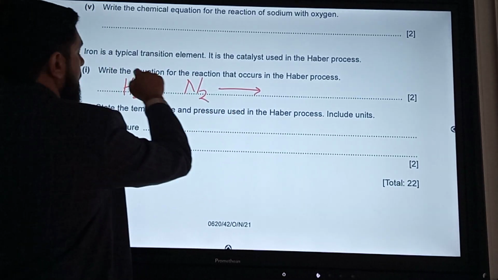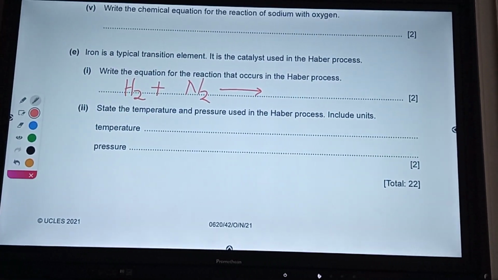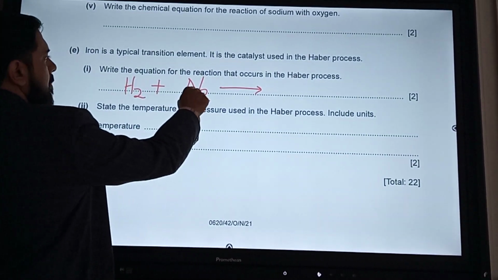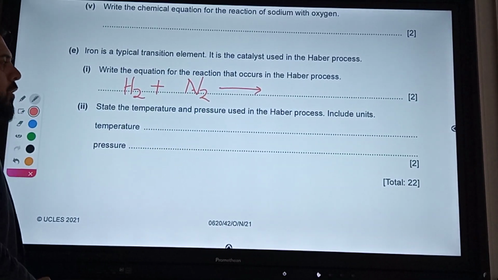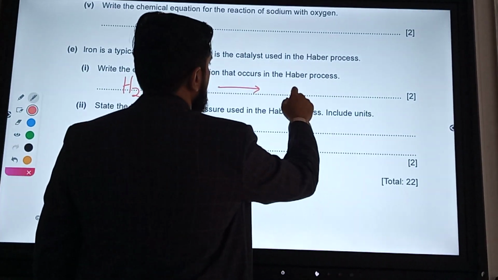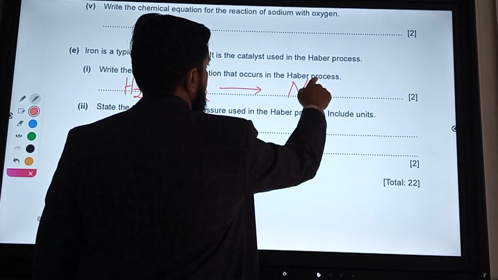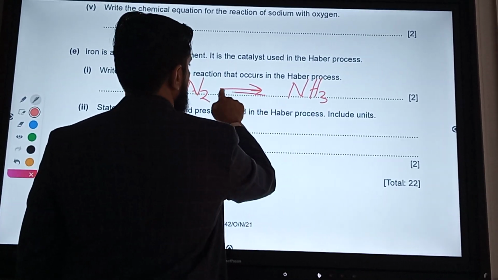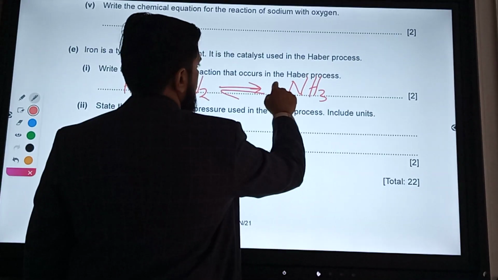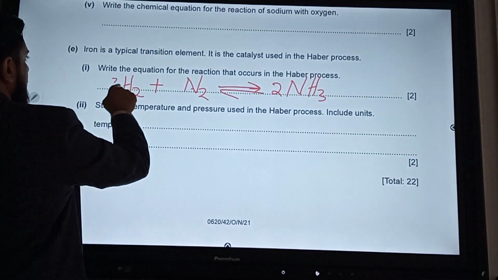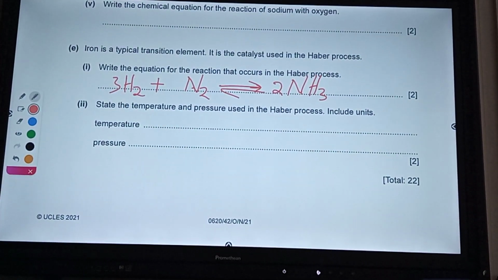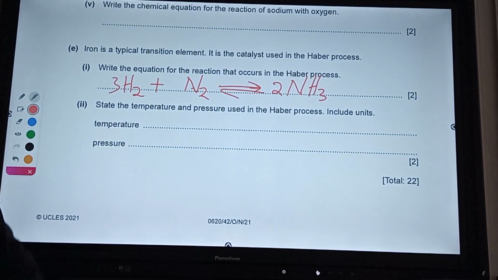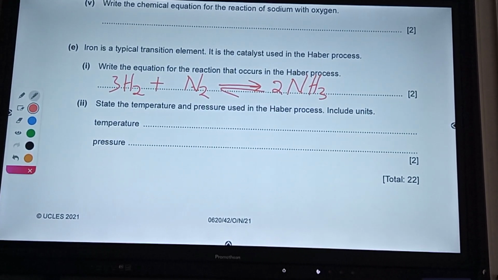Hydrogen obtained from cracking of oil or natural gas, nitrogen obtained by fractional distillation of liquid air. When they react, they produce ammonia, NH3. And the equation is also reversible, so you have to write that. So to balance this out, we have to take 2 here and 3 here. Equation is balanced.